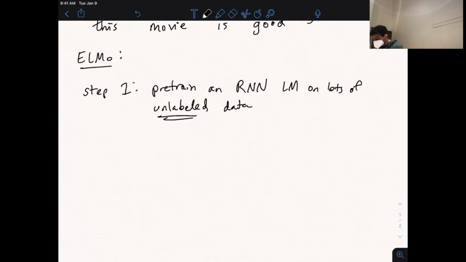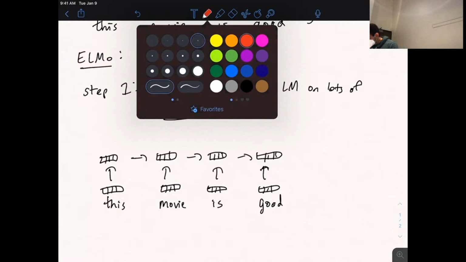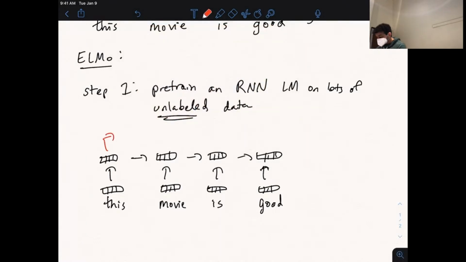So given this movie is good, we have embeddings for each one. We have an RNN that computes these hidden states using the RNN update equation. And this is a language model, so at every time step, we're going to predict the next word.